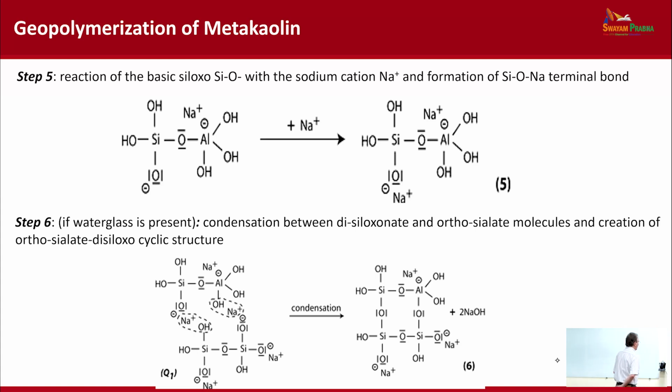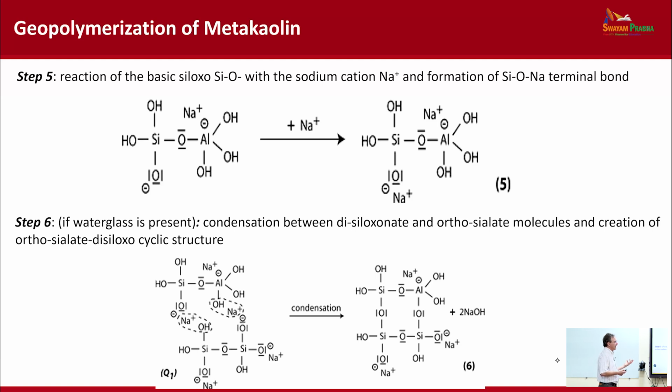reactions. And the main point is that after the dissolution of the reactive aluminosilicate, you have a solution that contains hydrated species in an alkaline environment. And what they do is that they start condensation reactions with release of water. And therefore, you start forming silicon-oxygen-silicon bridging bonds, or silicon-oxygen-aluminum bridging bonds.